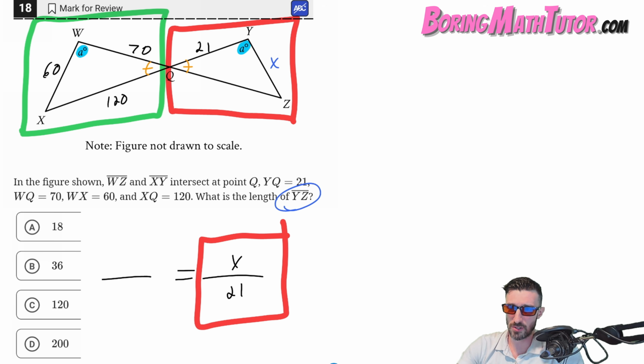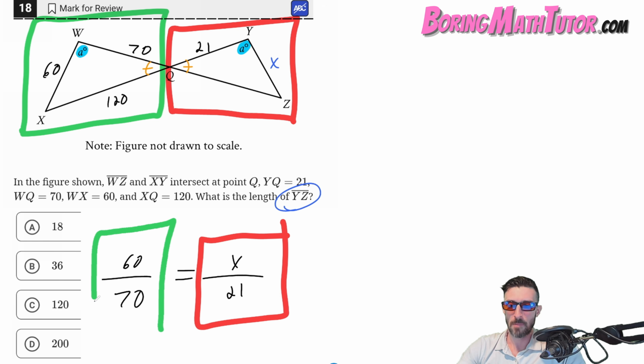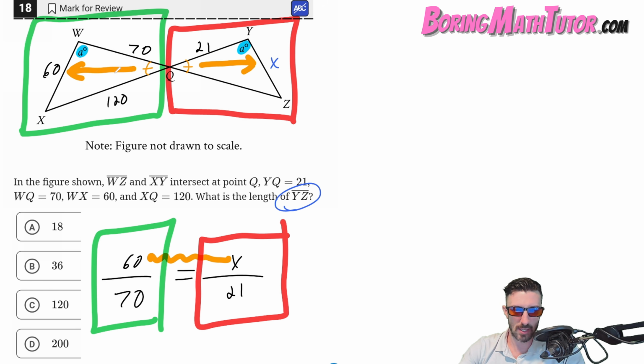Now you can just kind of visually see it. It's relatively easy in this case that it's 60 over 70. You can say that both the X and the 60, they're both across from the same angle. So that's how you could have done it if you want to be very precise in case it's a harder diagram. But anyway, now we have our proportion set up.